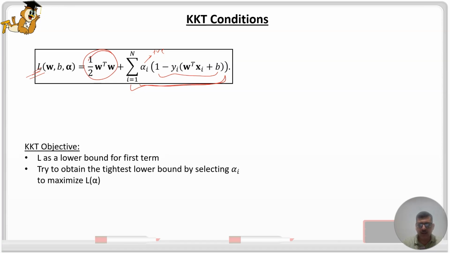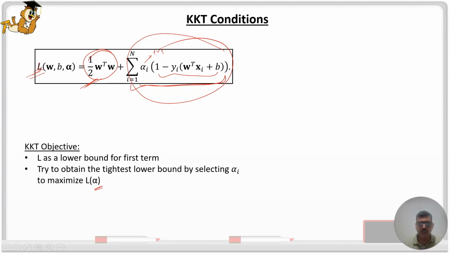Now the way to get the tightest lower bound is to maximize L as a function of alpha. So this is what we are going to try and maximize, so that L comes as close to this as possible.